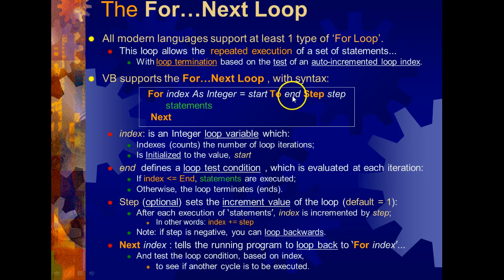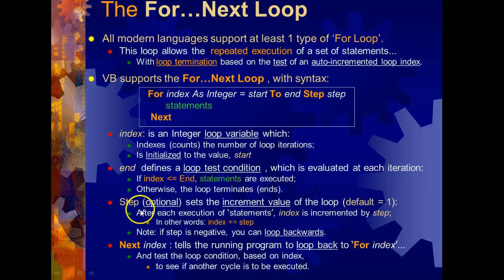So he's saying we're checking, is I greater than 10 or not each time. If I becomes greater than 10, then we stop. If the index is less than n, then these statements are executed. Otherwise, the loop terminates or ends.